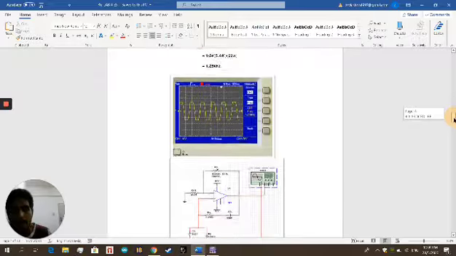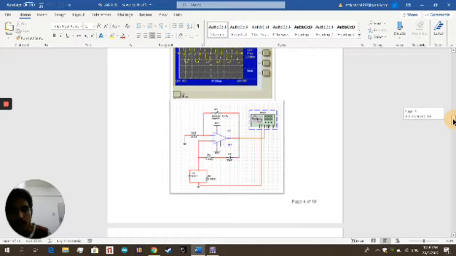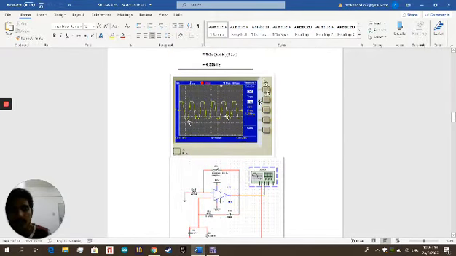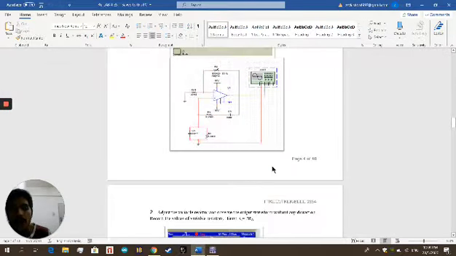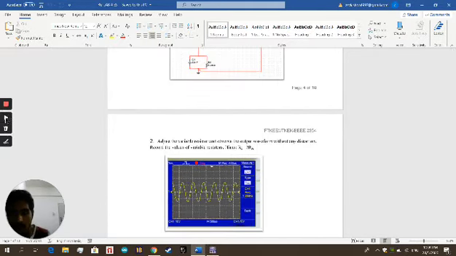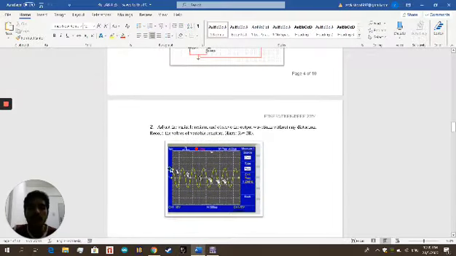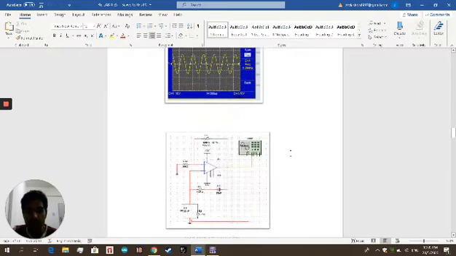For the variable resistor, which is 100 kilo ohms, the output was not stable; it was distorted. Then, using the hint that was given to us, which is RF equals 2RA, we were able to adjust the resistor value to get a nicer output waveform without any distortion.